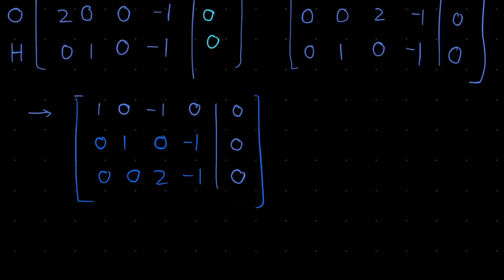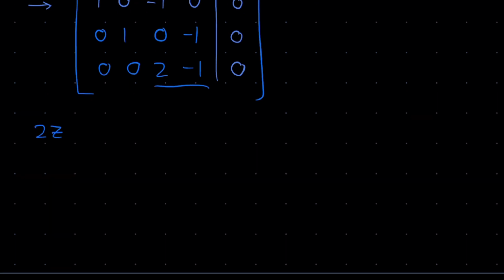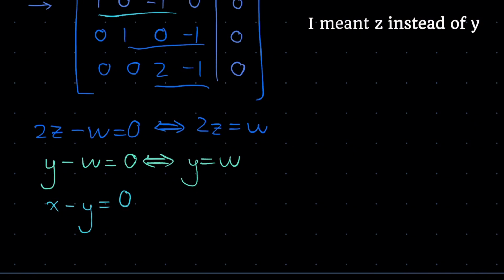Actually, we already derived an expression and a condition to get x, y, z, and w. So let's see. From here, we know that 2z minus w is equal to 0, which is equivalent to saying 2z is equal to w. And over here, what we have is y minus w is equal to 0, which is equivalent to saying that y is equal to w. And over here, what we have is x minus y is equal to 0.